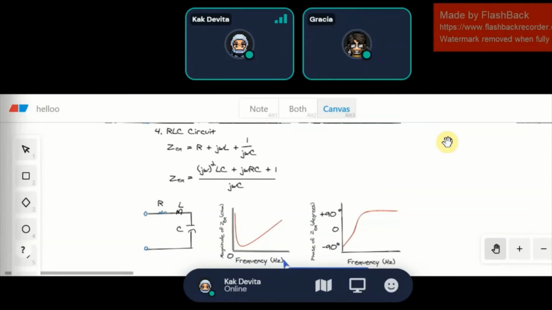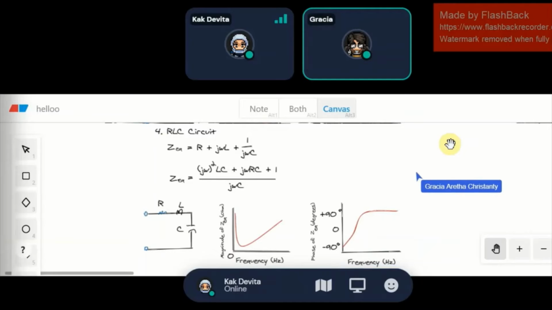However, as the frequency goes higher, the inductor will dominate the impedance. Therefore, the impedance will be very high as the frequency goes higher. The same also goes for the phase of the equivalent impedance. At first, it will be minus 90 degrees, which is the phase constant of the capacitor. However, as the frequency goes higher, it will become plus 90 degrees.